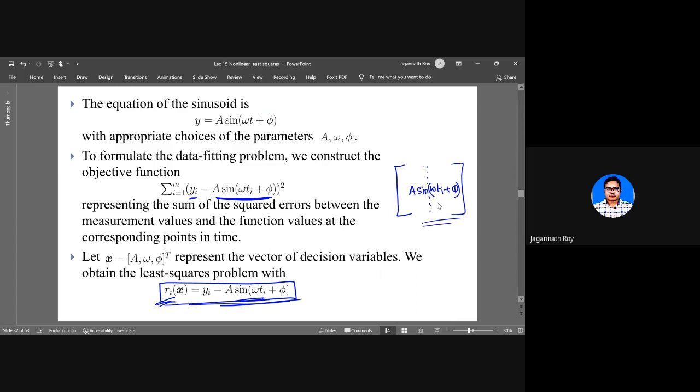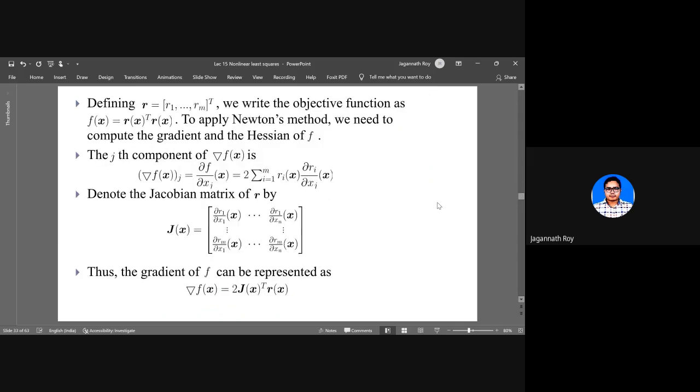We have a system of equations f1 of x equals 0, f2 of x equals 0, and fn of x equals 0. Here we have to use the derivative method, because first order conditions we have to satisfy, and then we have to find the second order Hessian, second order partial derivatives also.